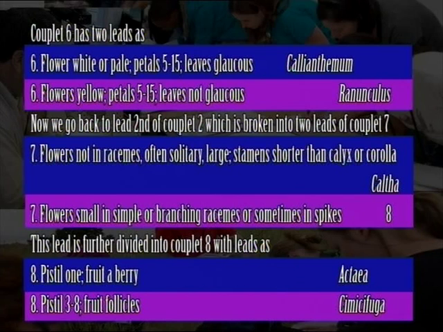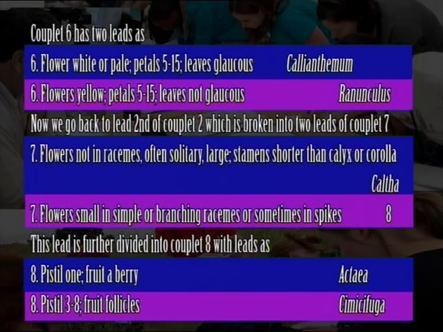Now we go back to the second lead of couplet 2, which is broken into two leads of couplet 7. The first lead is flowers not in racemes, often solitary, large, stamens shorter than calyx or corolla.